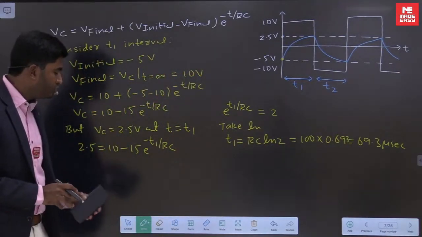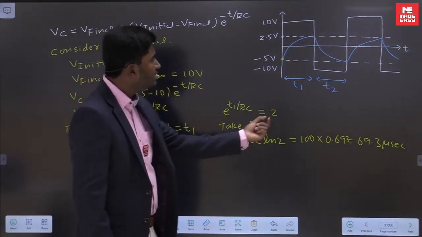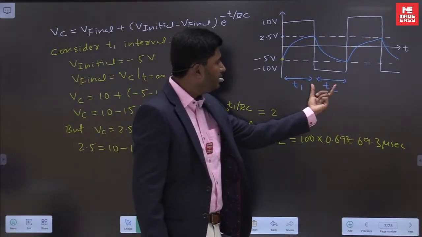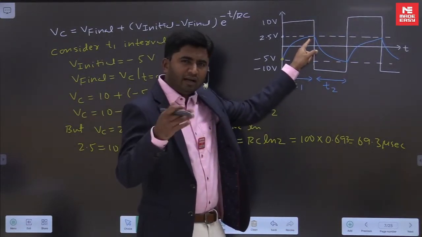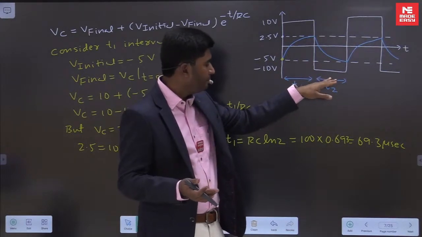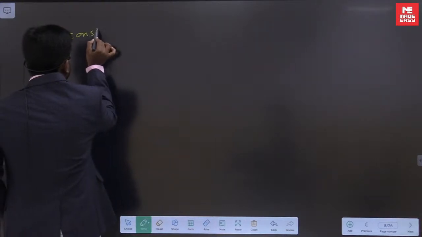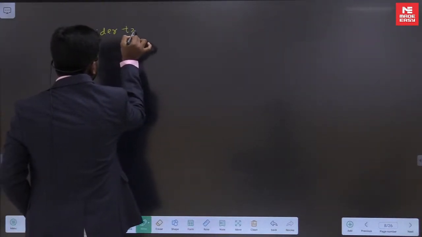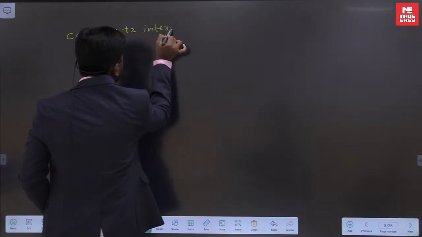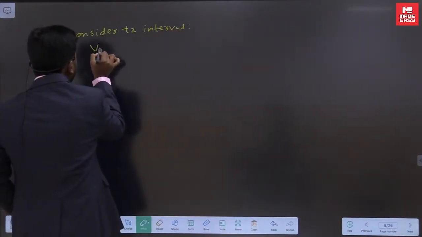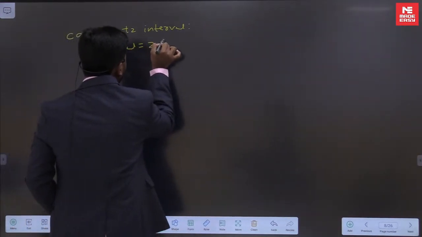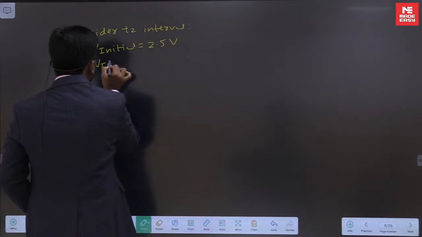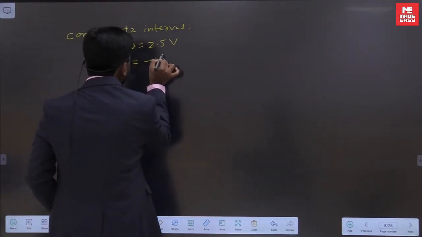In a similar way, you should calculate now T2. We will now consider T2 interval. In the T2 interval, initial capacitor voltage is equal to 2.5 volt and final capacitor voltage will be minus 10.